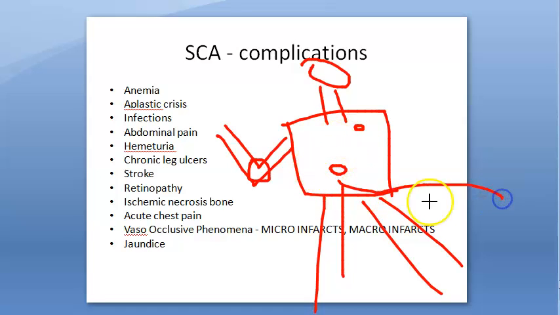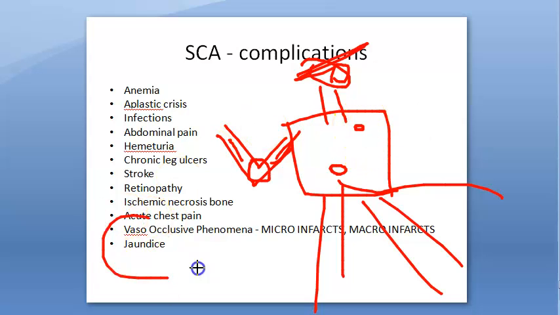He can have hematuria. Macroinfarcts will cause problems with the kidney. Stroke can occur in the brain. The retina is damaged. Ischemic necrosis of bone will happen. Acute chest pain he will have, which we told you under microinfarct.